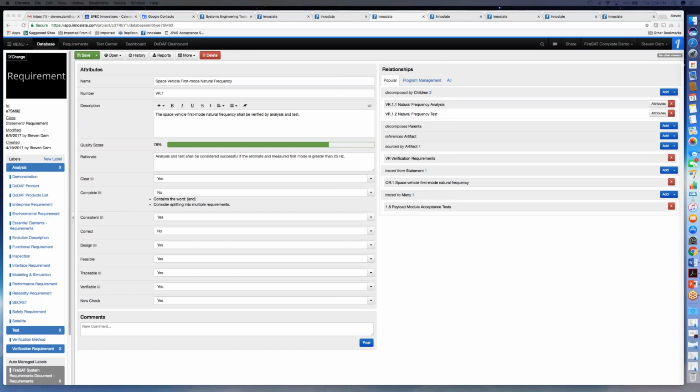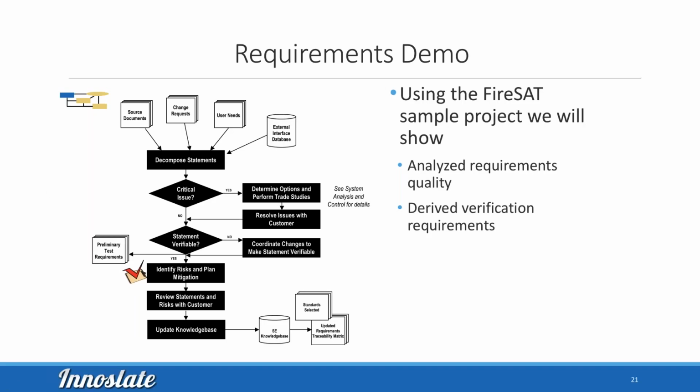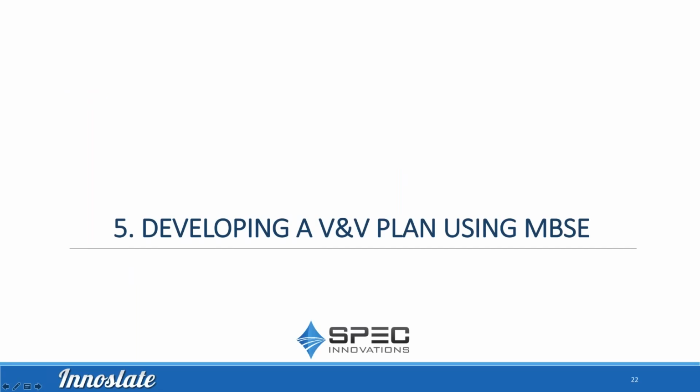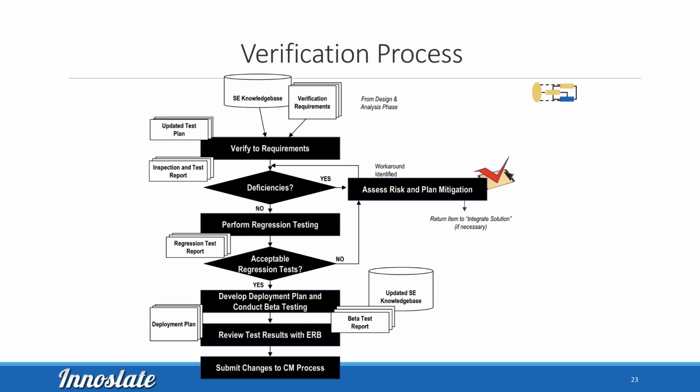So let's go back up to the next phase of this. Okay, so the next thing was developing a V&V plan using model-based systems engineering. So the V&V process, again, we have to understand what that process is: verifying the requirements, looking for deficiencies, looking at those deficiencies, looking at your risk plan, performing regression testing.